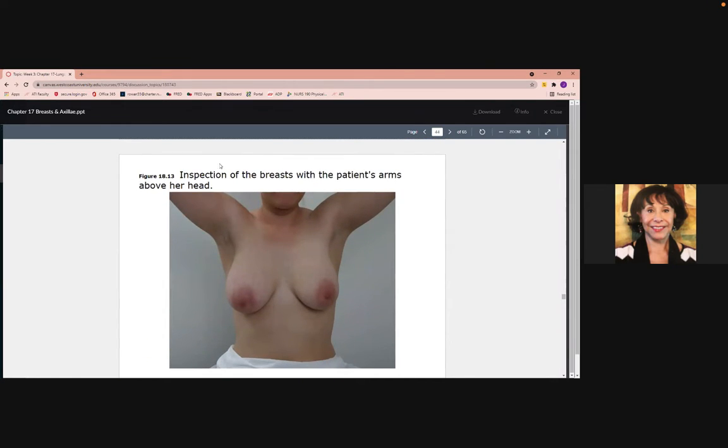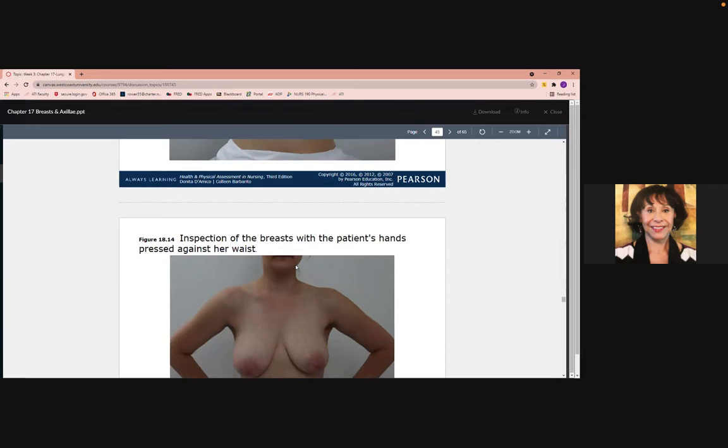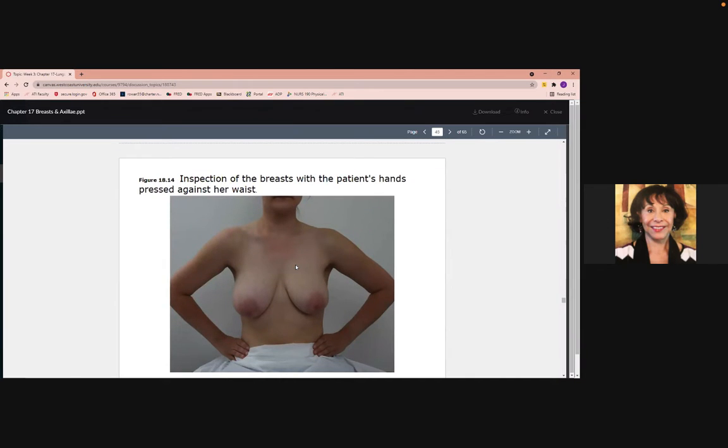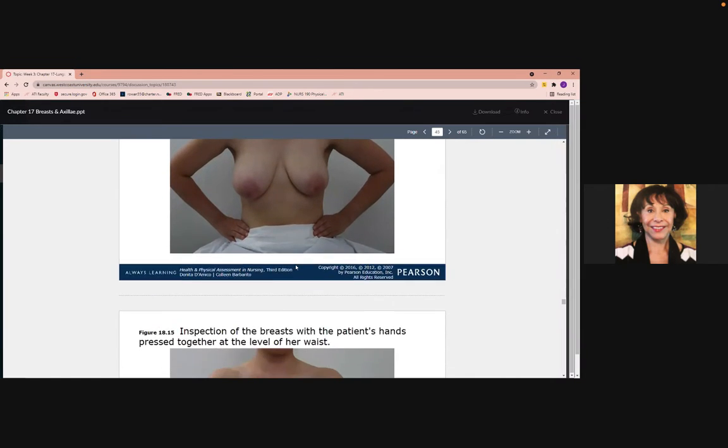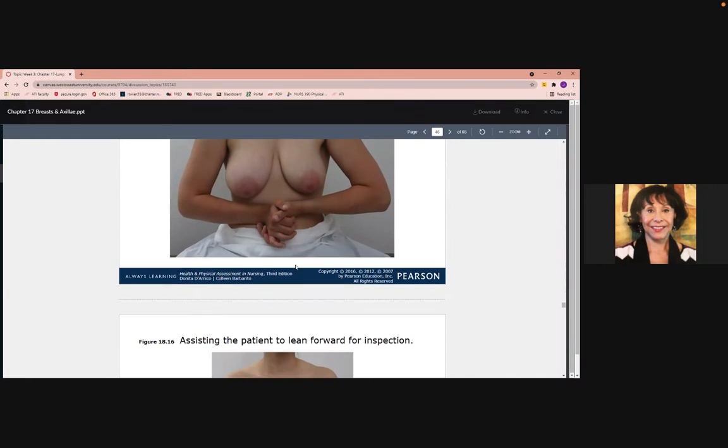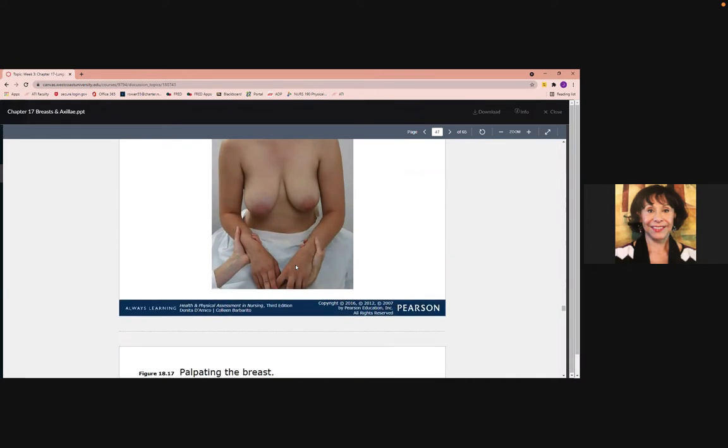This is inspection of the breast with the patient's arms above her head. This is what I was mentioning, that sometimes a limitation is noted in the elderly. So you have to adapt whenever you are checking the breast. But again, it's not expected for you to do it this term.